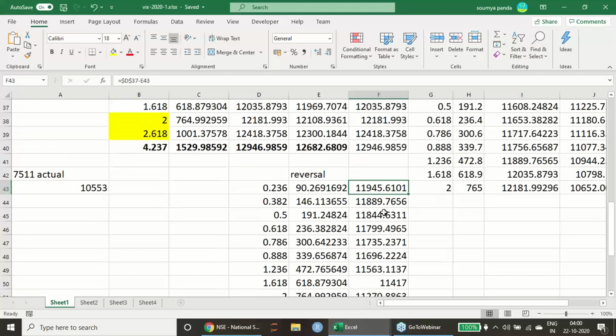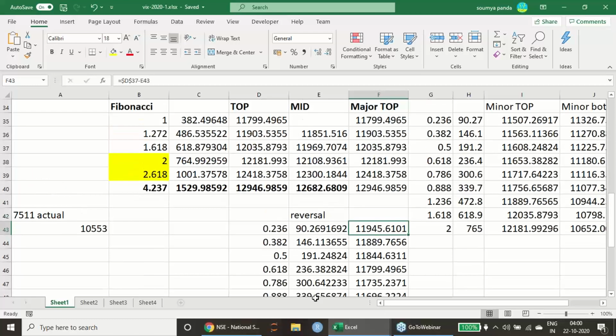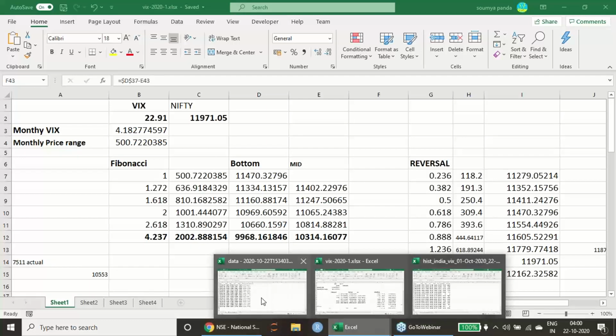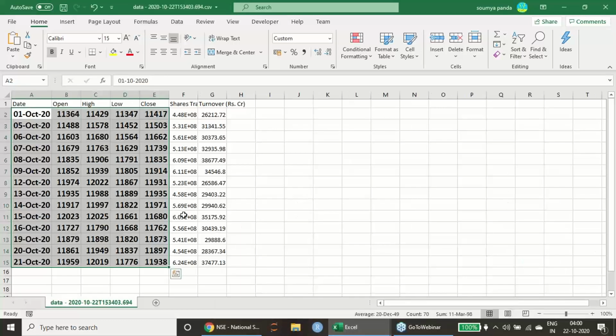Top is formed, price has fallen, that is the top reversal, meaning downtrend. So if I compare the downtrend price points after forming this 11,971, I repeat again, 11,971 formed on 14th of October.